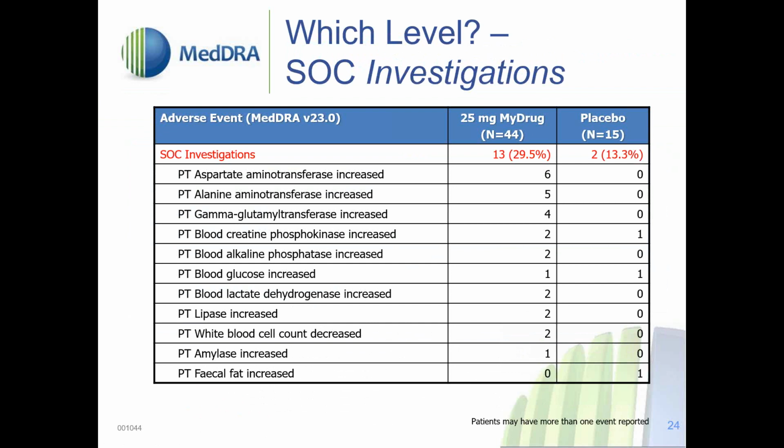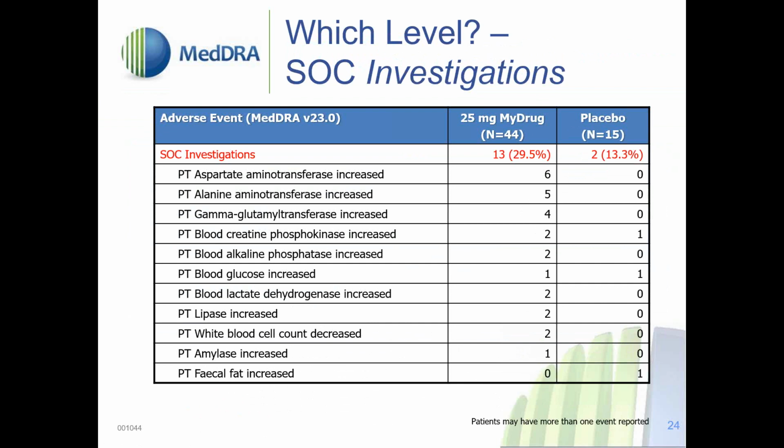So here now a practical example for using grouping terms. We are looking at a number of PTs in the SOC investigations. Because SOC investigations is a non-multi-axial SOC, these PTs can only be found in this particular SOC. And I'm doing a comparison of my drug versus placebo. And my question is, does my drug relative to placebo have a problem, and if so, what kind of problem would it have?